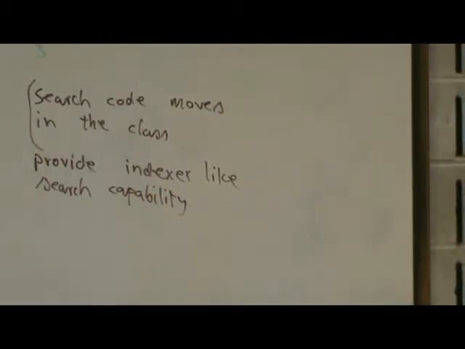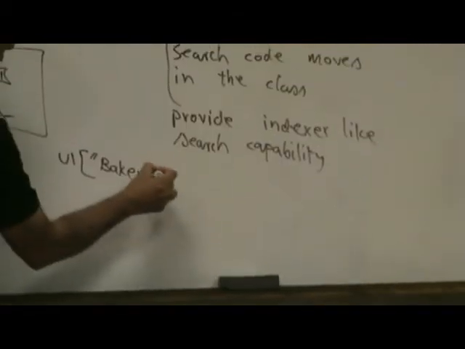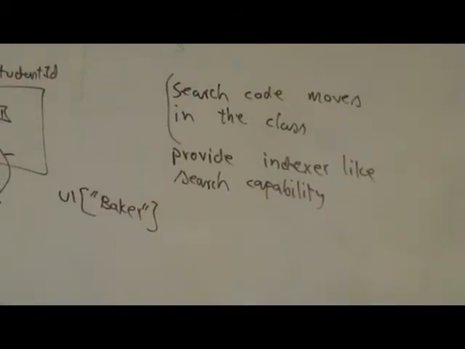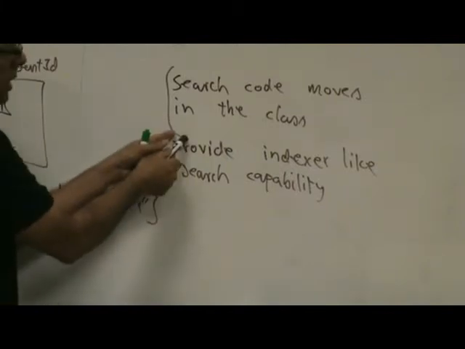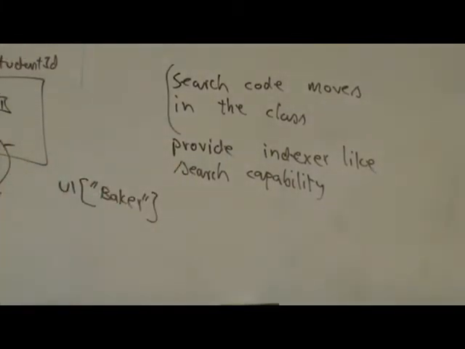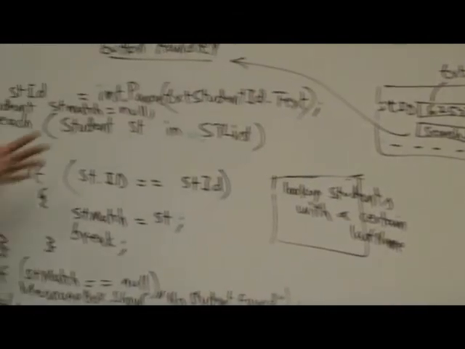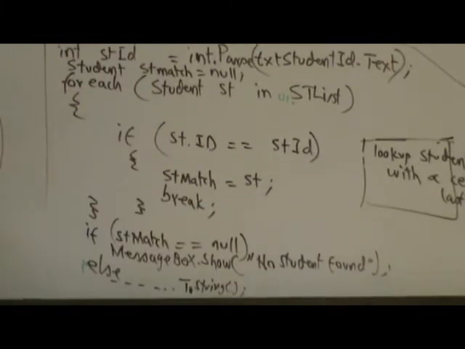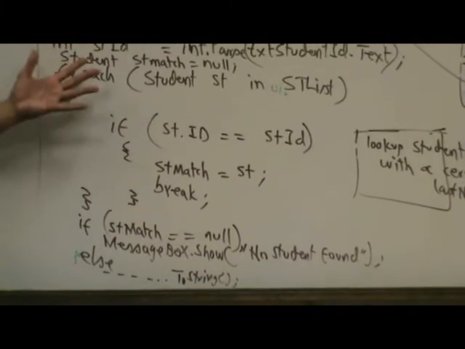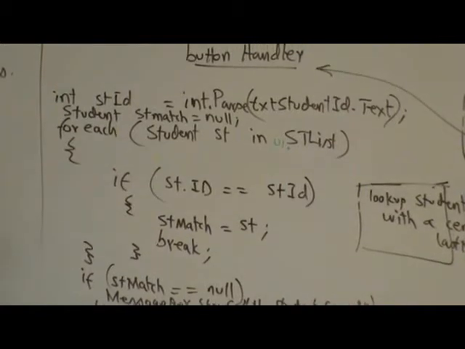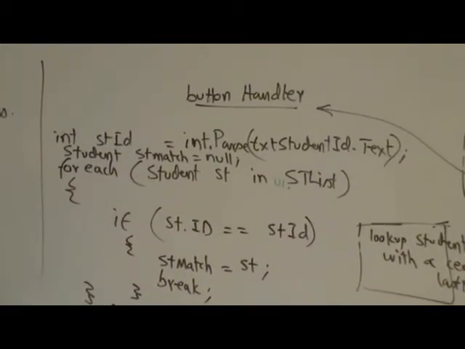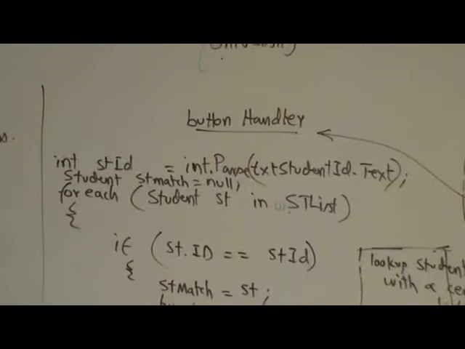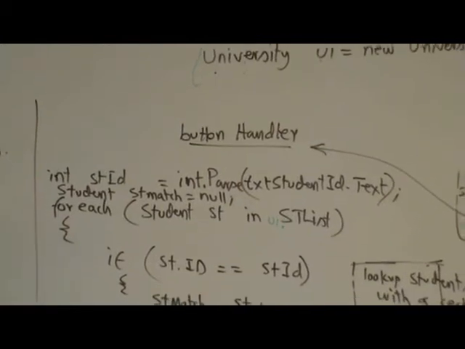So that once again, if we created an indexer based on the last name, somebody will look up the information something like this, U1 of Baker. Okay. Once it triggers the search code over here, of course it has to loop through, but once again, the user of our code does not have to worry about writing the looping type of search code. So it makes our whole class development extremely useful to the end user. So that's the idea of an indexer, right?